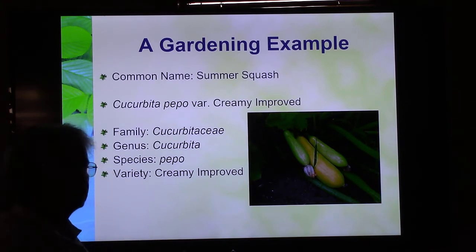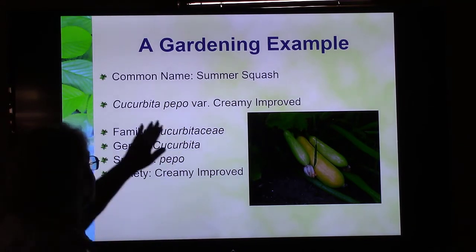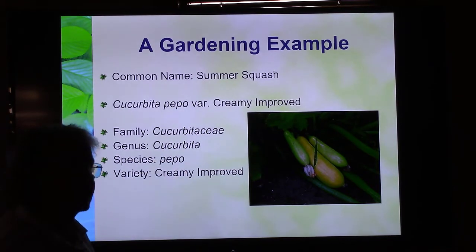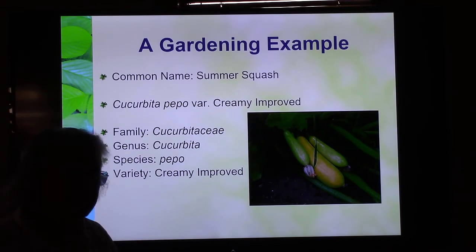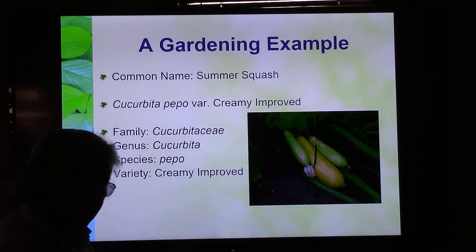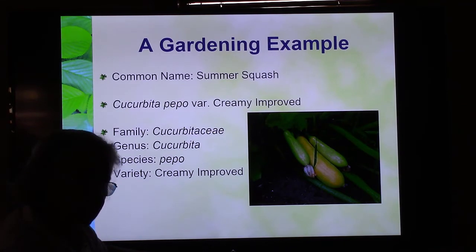And how are you going to know that something is a scientific name if you're just reading about something? We always set scientific names in italics. That's your clue that, oh, here's the scientific name. It's going to be in italics. And if you're doing a handwritten thing, you underline it. Also notice, when it's correctly done, the genus is capitalized and the species is not capitalized.